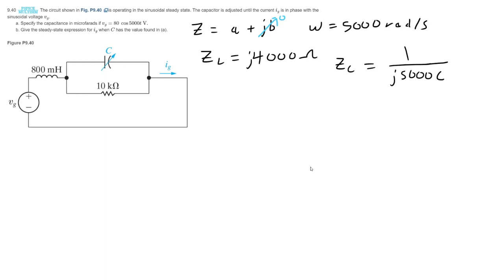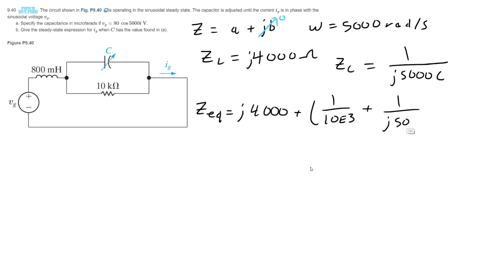Which means if we do the Z equivalent, this is a series and parallel combination. So we're going to have that in series with this parallel combination, 1 over 10K plus 1 over 1 over J 5,000 C, so the reciprocal is just J 5,000 C.